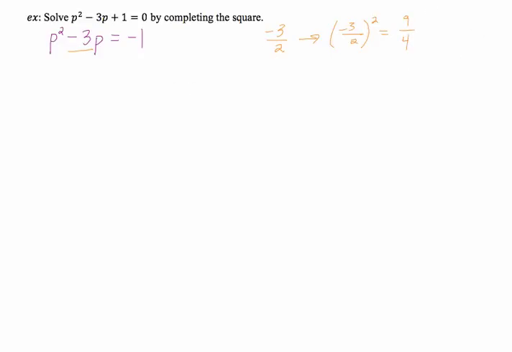So that's what we're going to add to both sides. So we'll have p squared minus 3p plus 9/4 equals -1 plus 9/4.